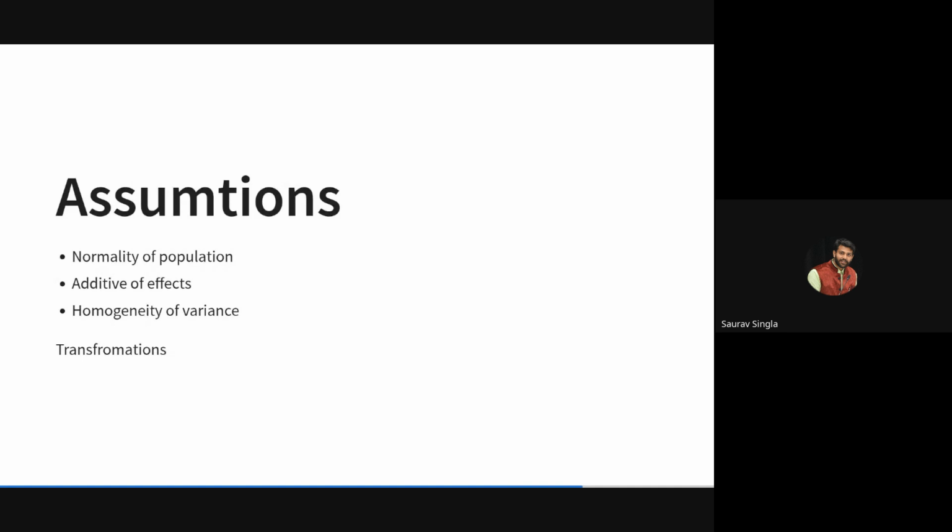Then using transformation, again we can test if the assumption is met or not. If the assumption is met, then okay. If the assumption is not met, there is also a solution, then we can go for non-parametric tests. But that is not the topic today. So for us, let's assume that the assumptions have been met.